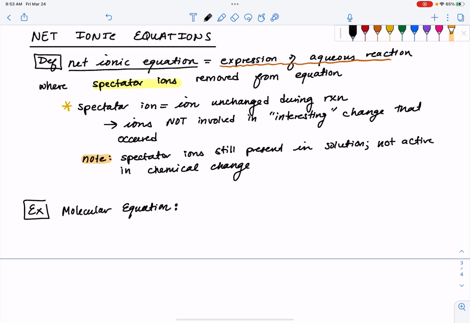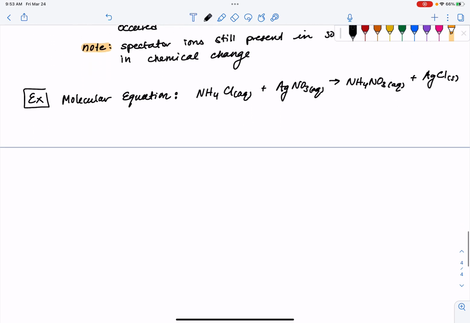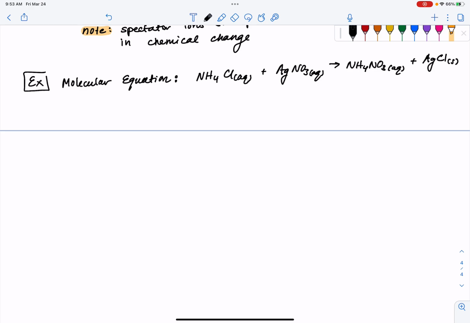This is just our overall regular chemical equation, which was the ammonium chloride reacting with silver nitrate, both in solution, to create ammonium nitrate in solution and silver chloride solid. That was our molecular equation.